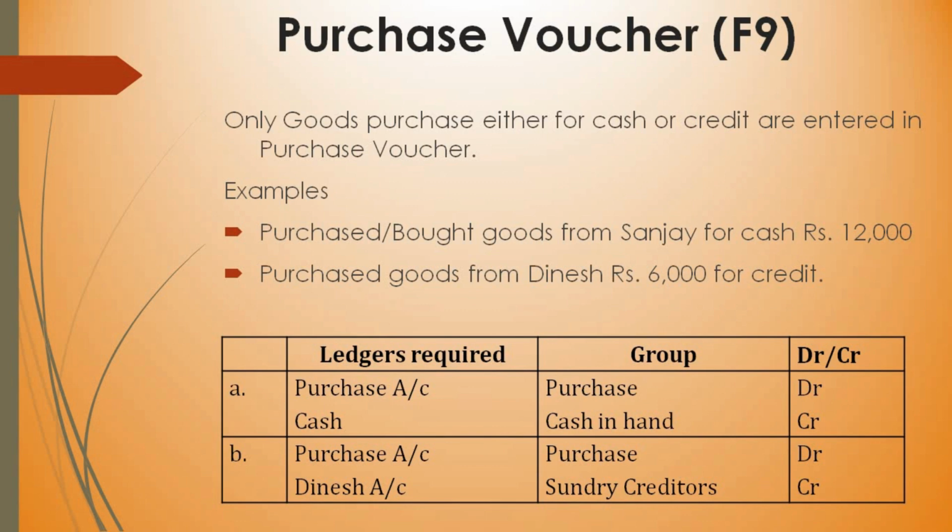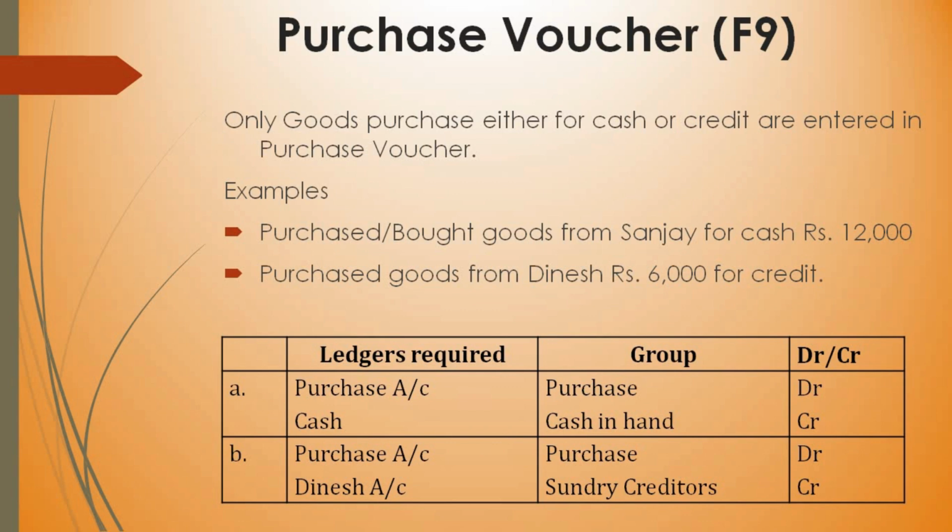The next statement: purchase goods from Dinesh, rupees 6,000 for credit. In the first statement, one account is purchase, and purchase is always on the debit side. The other account is cash, and the cash account will be on the credit side.